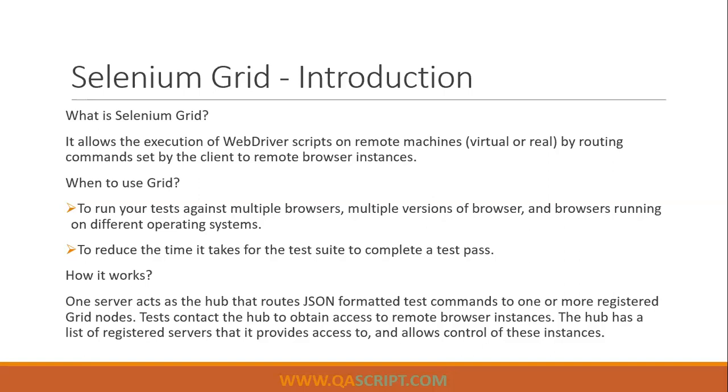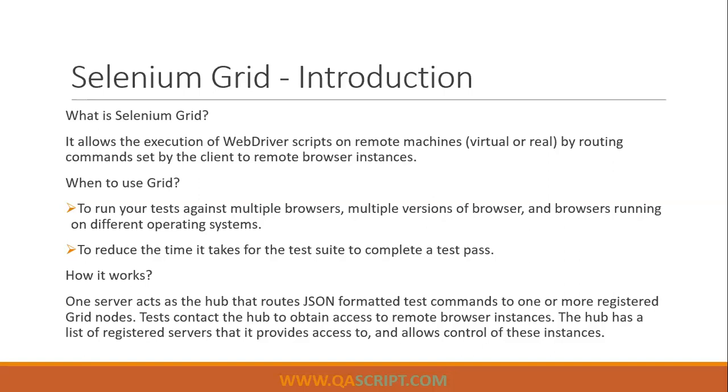Ideally, you would not want to run that on your local machine. Rather, you would have a setup where you can run these tests in parallel across different machines and browsers. When you run in multiple threads, your test execution will be much faster and take a lot less time compared to running on a single thread or a single instance. Selenium Grid helps you in doing that.